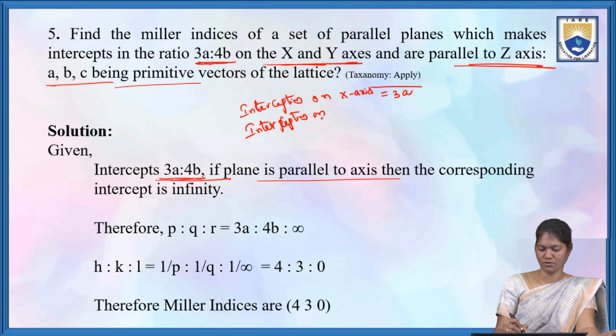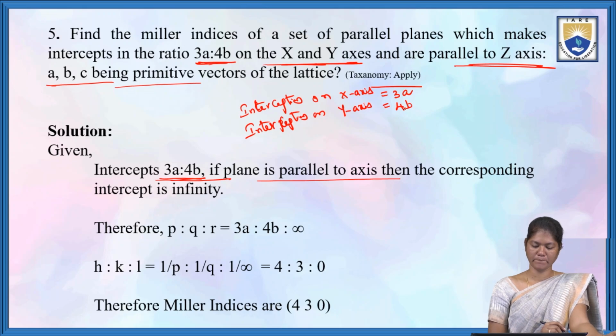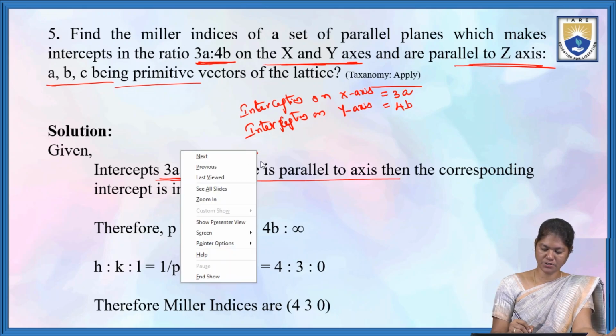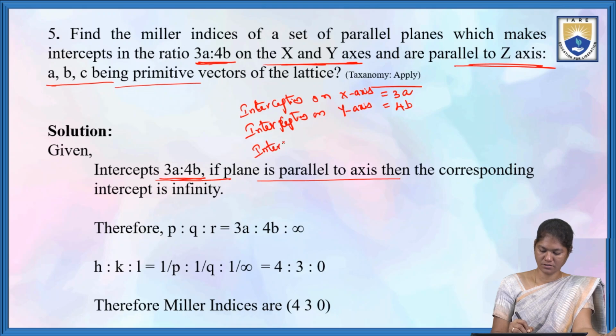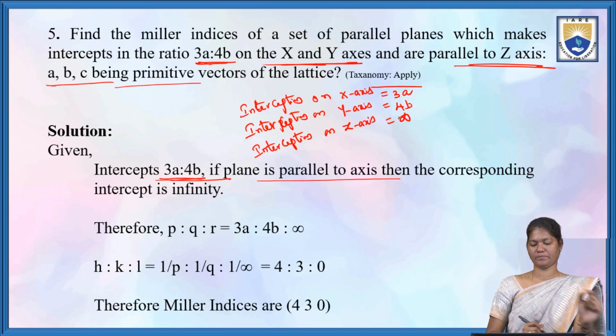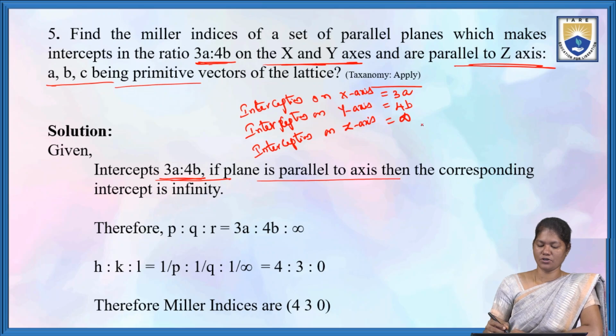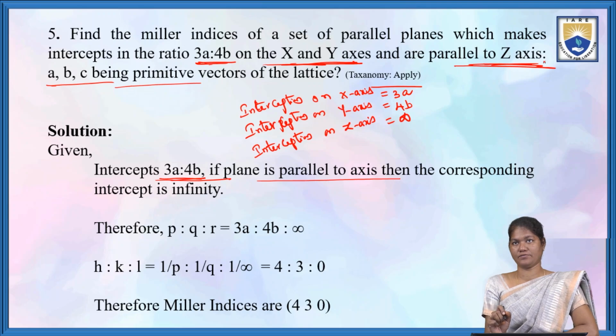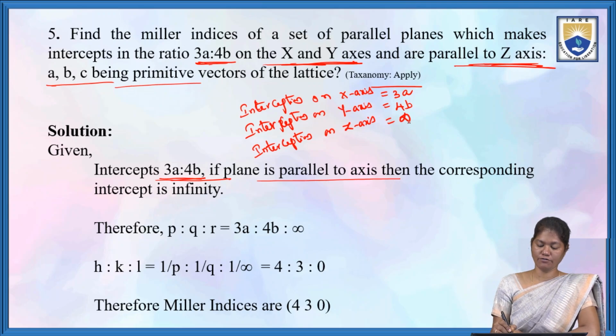Interception on y axis is 4b. But the interception on z axis is infinity, because the x and y axes have the intercepts and the plane is parallel to the z axis, so there is no interception on the z axis; it is infinity.